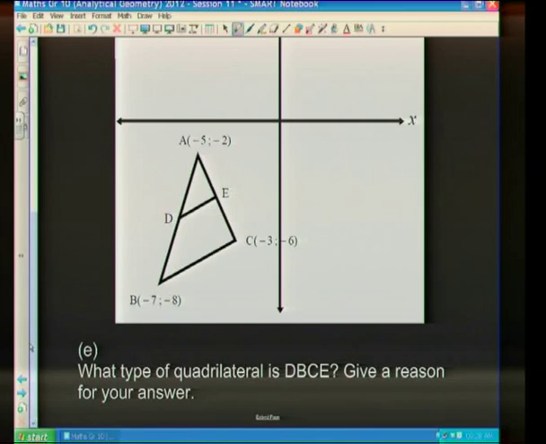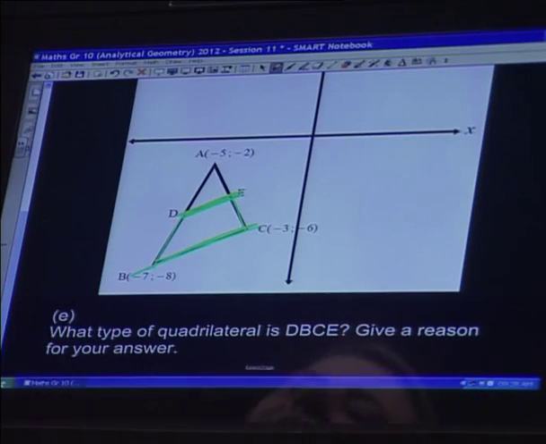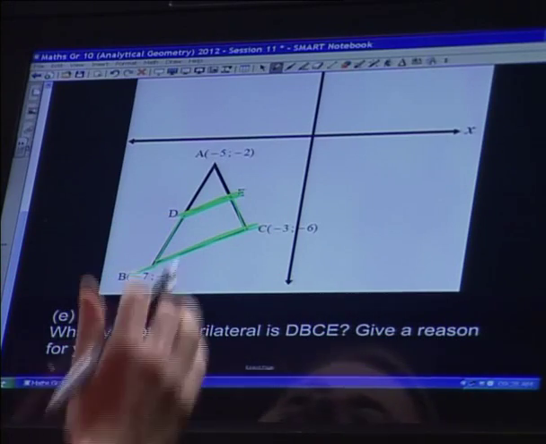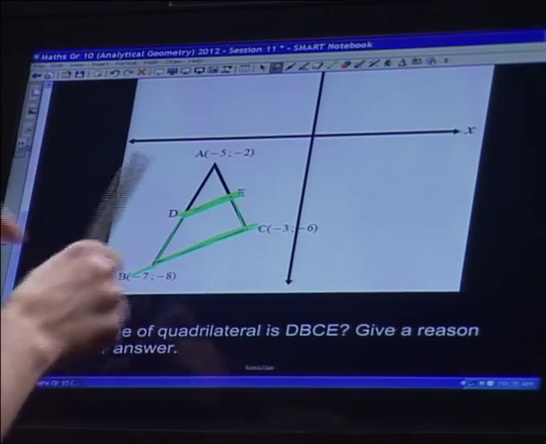Then the next question asks us, what type of quadrilateral is DBCE? Now, this is where our properties of quadrilaterals become very important again. Boys and girls, we've shown that DE is parallel to BC. Now, it's pretty obvious from the sketch that those are the only two parallel sides.